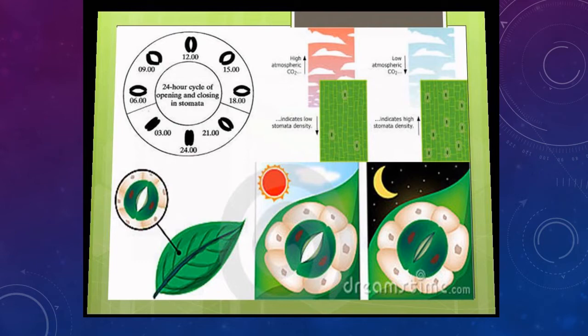So while a plant is developing, if there is a large concentration of carbon dioxide in the atmosphere, then there will be a low amount of stomata on the leaves, or on all the green parts basically. The reason for that is if there's plenty of carbon dioxide available, you just don't need as many openings to gather it. However, if the concentration of carbon dioxide in the atmosphere is low, then there will be more stomata, a higher density of them on the plant, so that there are more options for collecting that carbon dioxide.